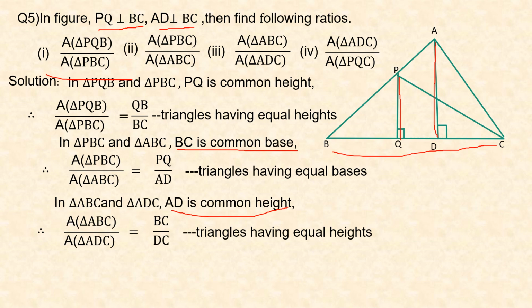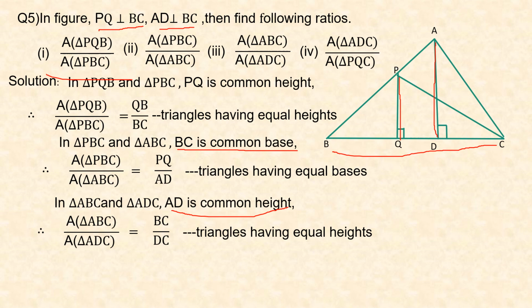Here, base and heights are different in both the triangles. There is nothing common. Therefore, we write the product of their corresponding base into height. In triangle ADC, DC is base and AD is height.